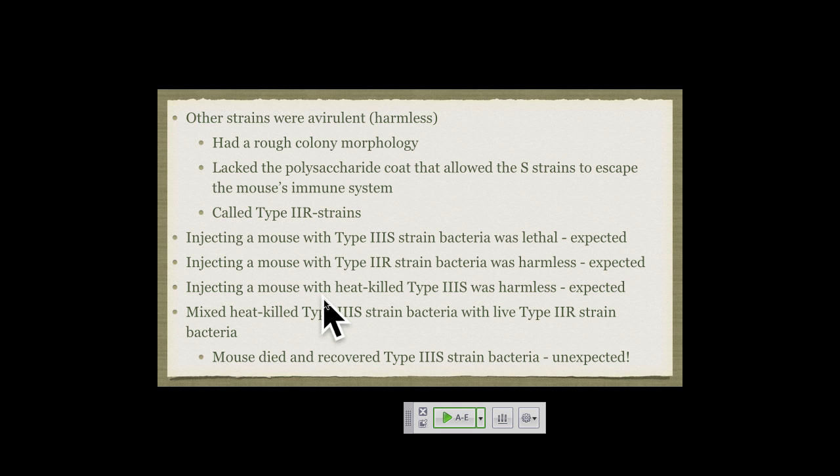Does that seem like an expected result? Okay. Now, take those dead virulent cells that don't kill the mouse, mix them with the avirulent R cells, which don't kill the mouse, inject that combination, and you kill the mouse. Was that an expected result? No, that was the interesting thing, which made it a publishable result.